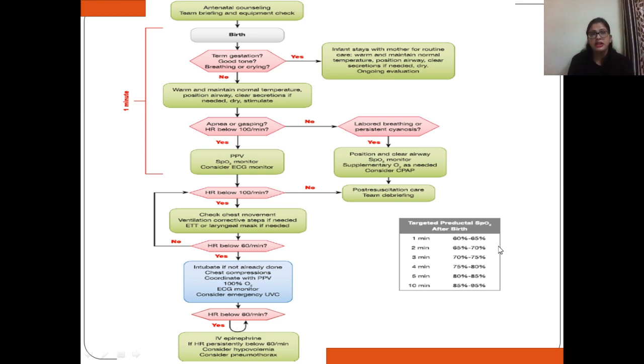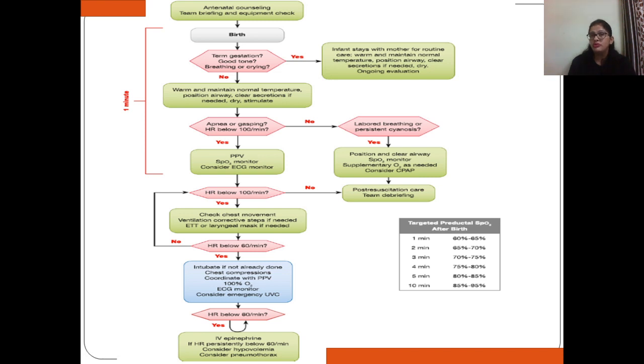So you can connect the oximeter to the baby, and then according to the time that has elapsed after birth, you can see what is the targeted preductal SpO2. At 1 minute, the targeted SpO2 is 60 to 65%, whereas a SpO2 of 85 to 95% is reached only after 10 minutes.